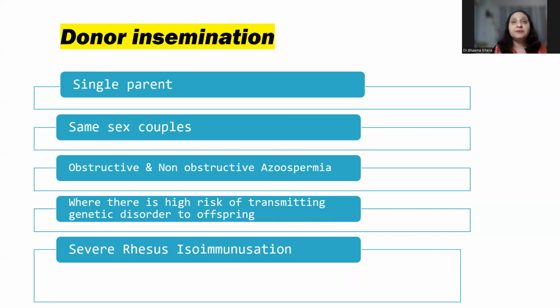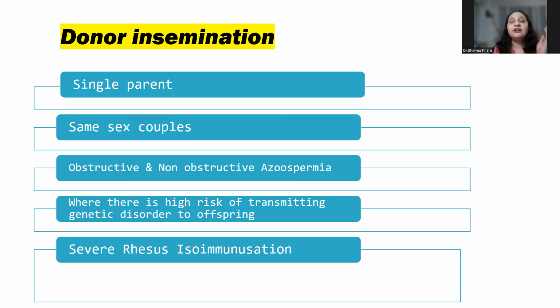See, testicular biopsy is a very important component, because if you are planning to take the sperm from the testes directly, first you have to take a biopsy and see how the tissue of the testes is, what type of spermatogenesis is happening there.